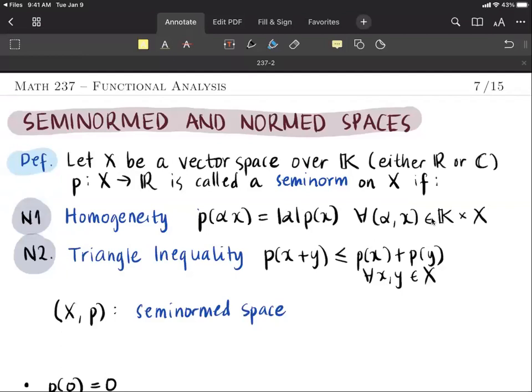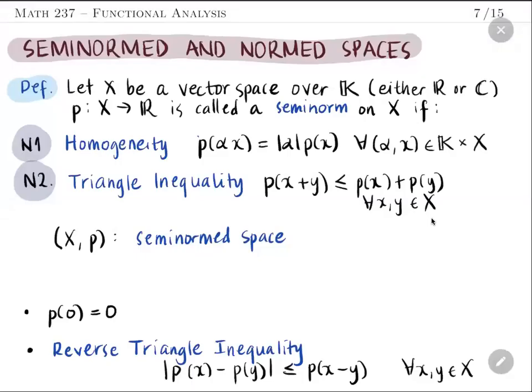N1 tells us that p of alpha x is the same as the magnitude of alpha times p of x for any pair of scalar alpha and vector x. So if you think of this equation, you can imagine this as a scaling property.